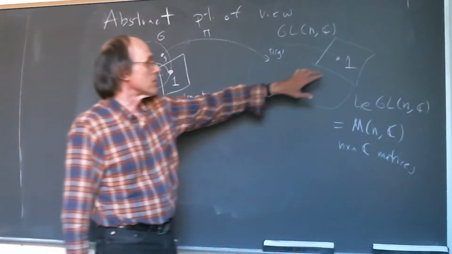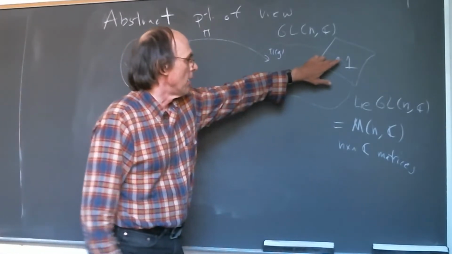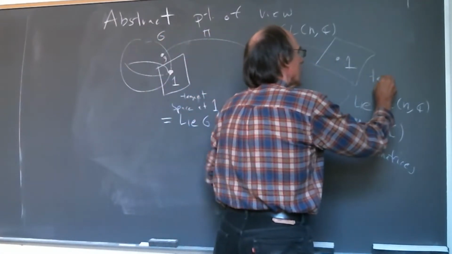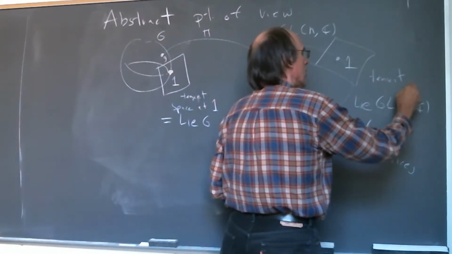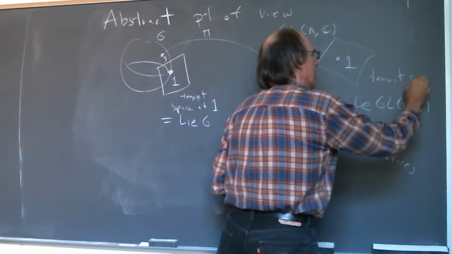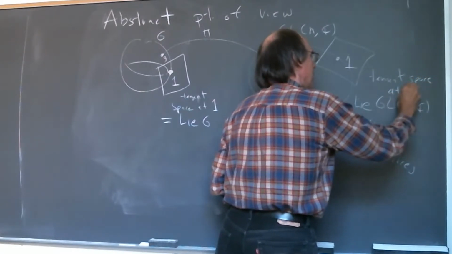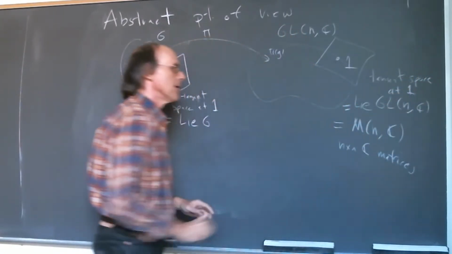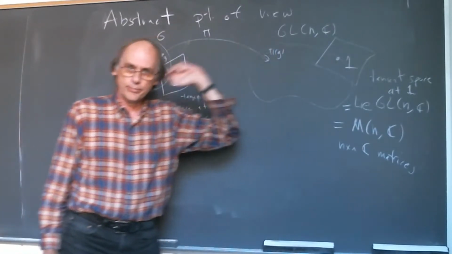Okay. So the tangent space at the identity is the Lie algebra over here.